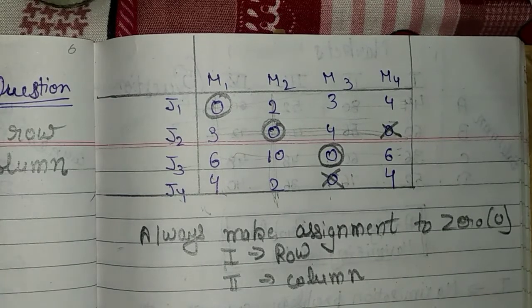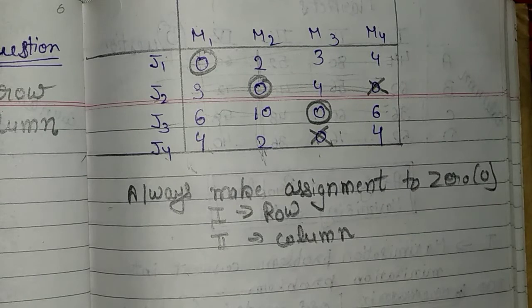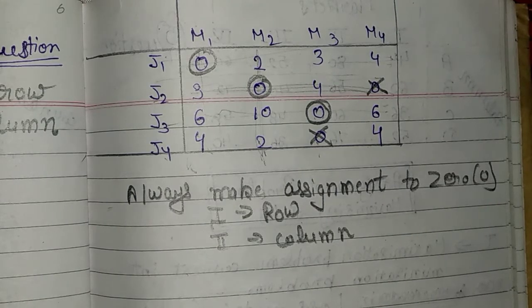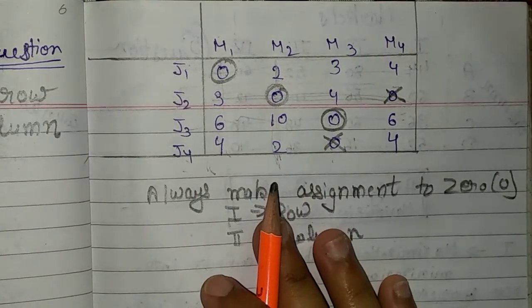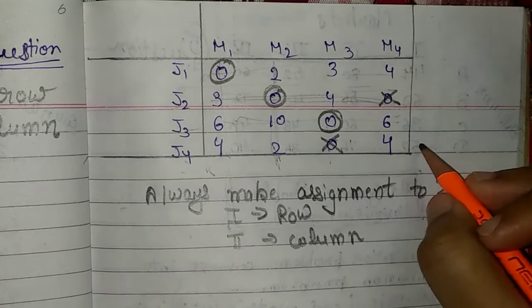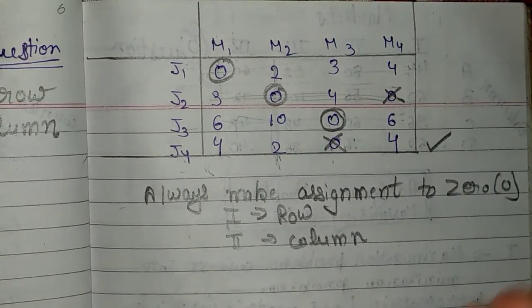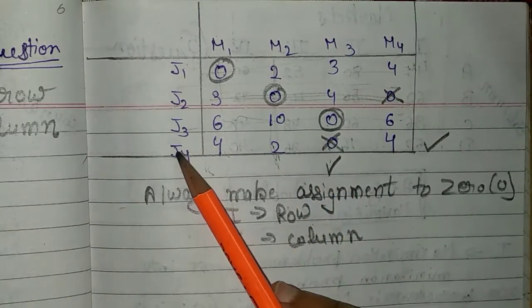Now the row which does not get any assignment, we mark it, and their respective columns are also marked.